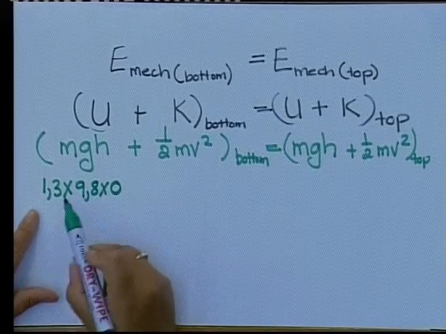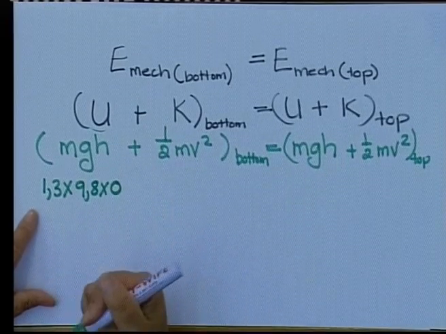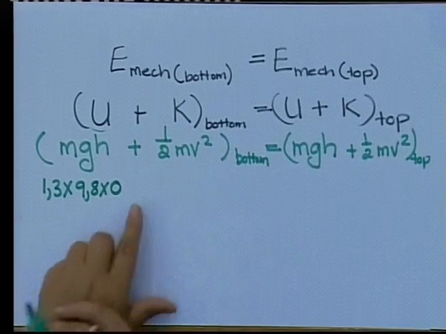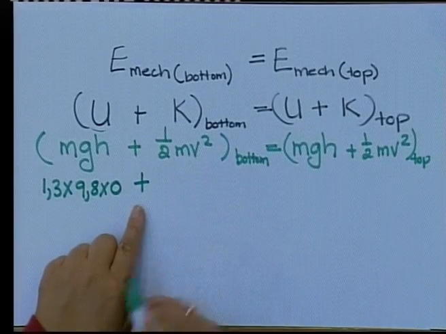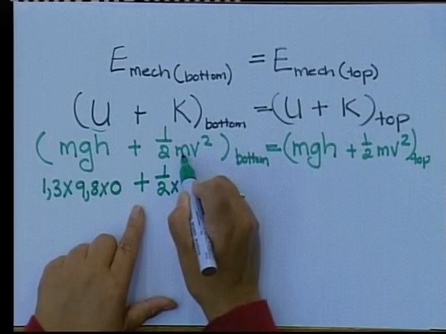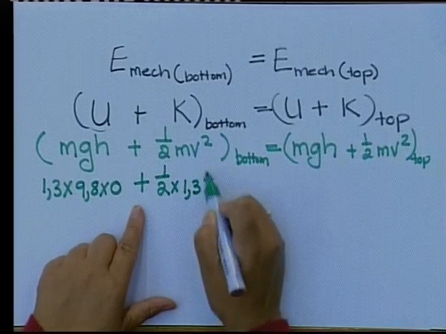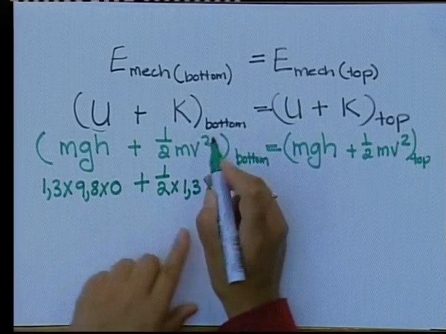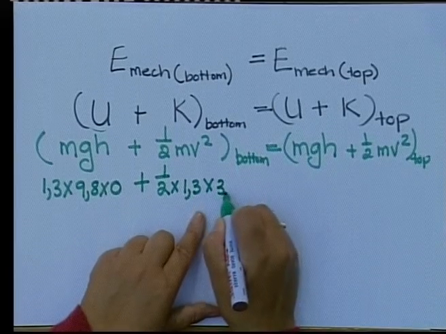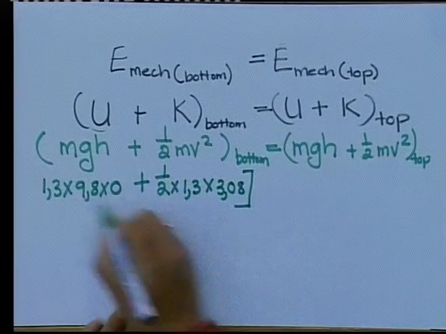Now already we know anything multiplied by 0 is 0. Plus a half times the mass of the object, which is 1,3, times the velocity of the object, which we said was 3,08, right? And that's all there at the bottom.